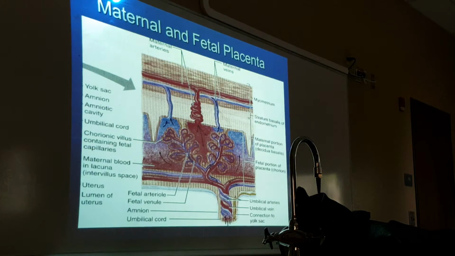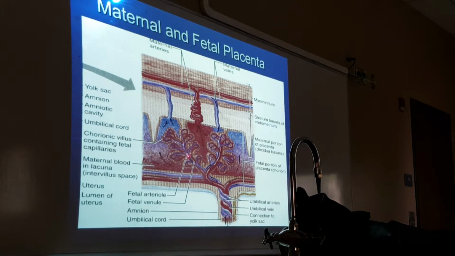So this is a great picture. Let's talk about this for a while. What we're looking at there is a single chorionic villus. Notice the umbilical artery is blue in color because it's carrying junky blood from the fetus to the mom, okay? Except it's never going to arrive at the mom.